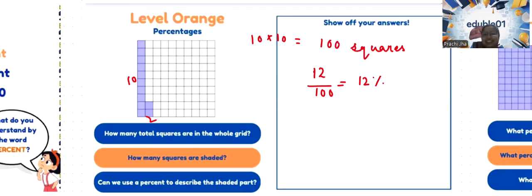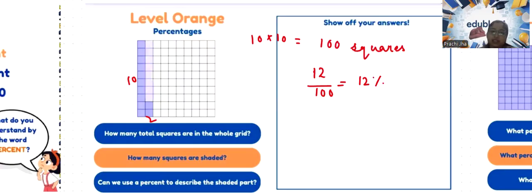It's that easy. Suppose I say this much part is shaded, like two complete rows are shaded.